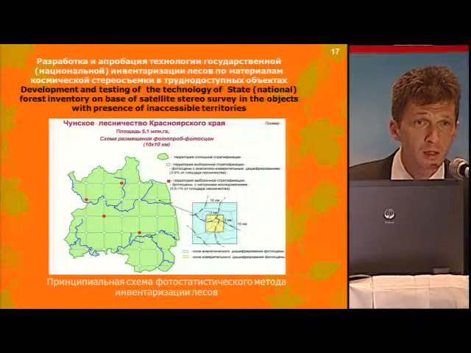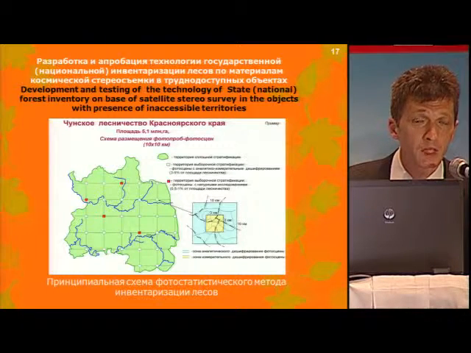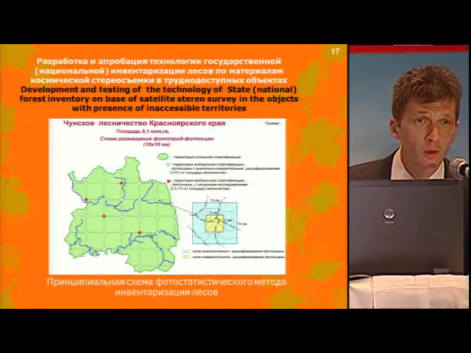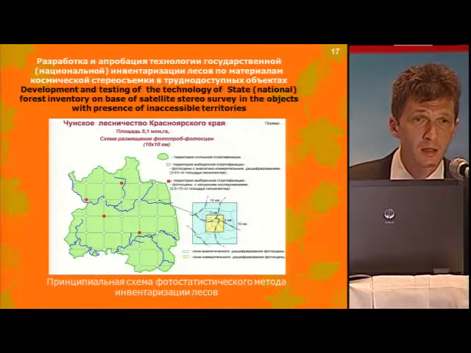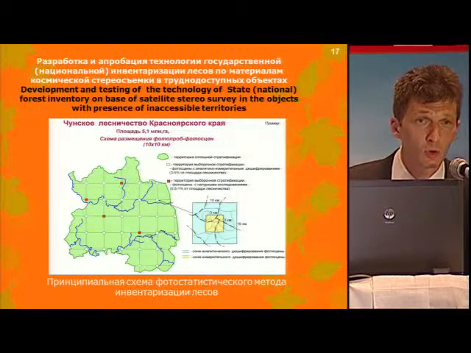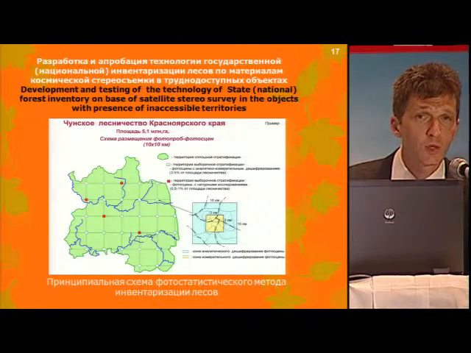The next direction of work that I would like to talk about is the national inventory of forests, which is done by many countries for quite some time. In Russia, it's been done recently, and it is still a matter of a lot of discussions.